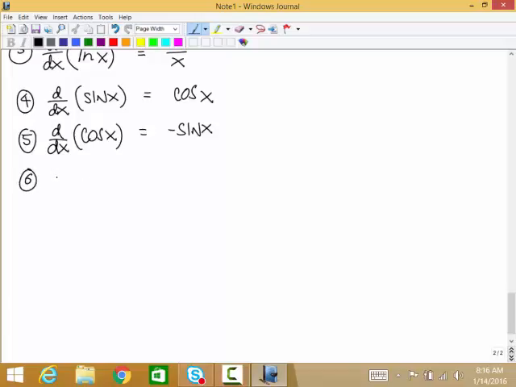The sixth one is that if you take the derivative of a constant times a function, then that's equal to the constant times the derivative of the function.